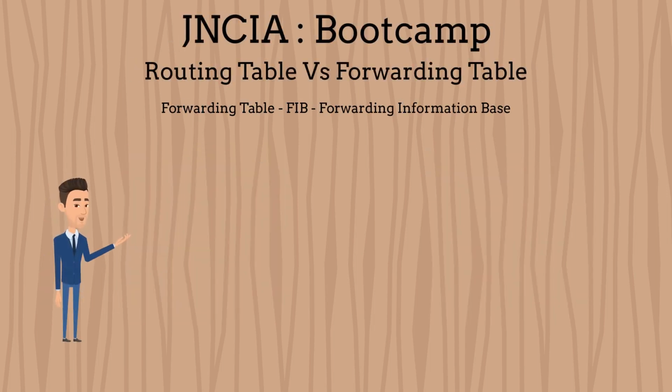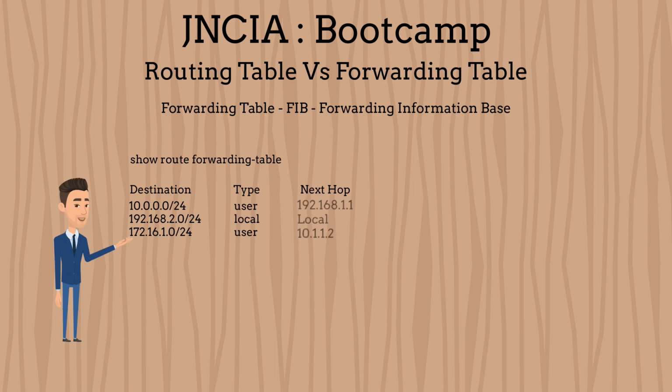Let's have a look at the output of a forwarding table. We use the command show route forwarding-table. We will see a destination, type, next hop and interface. In Junos, the forwarding table contains one active next hop per destination.